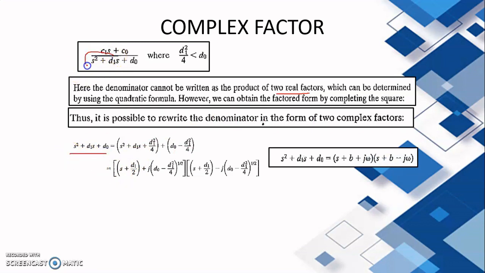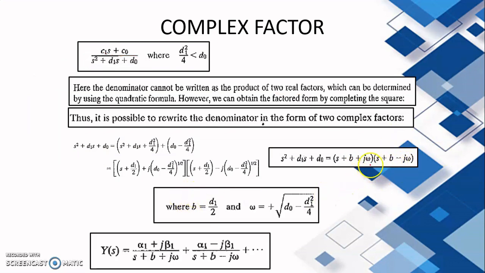If you have a denominator which cannot be factorized, you have to convert it into this expression: s squared plus d1 s plus d0 is equivalent to s squared and so on. This is the general expression. After you convert it into s plus b plus jw, s plus b minus jw, the b value and w can be expressed in these two terms.